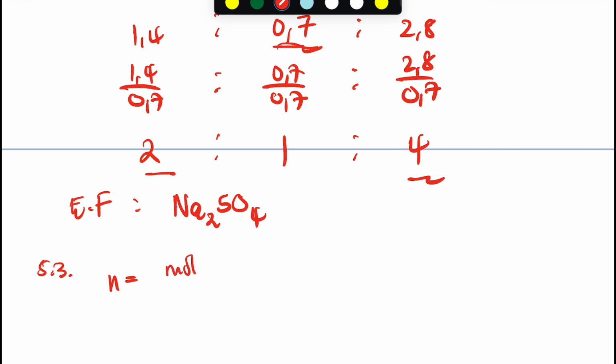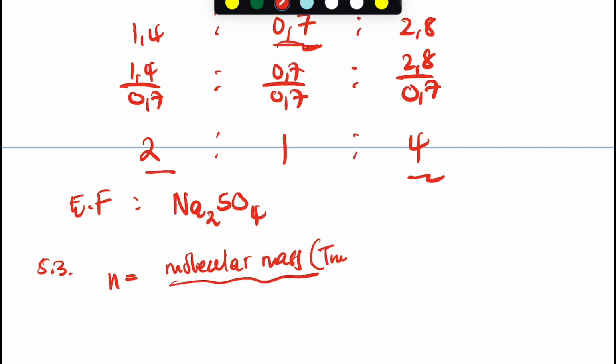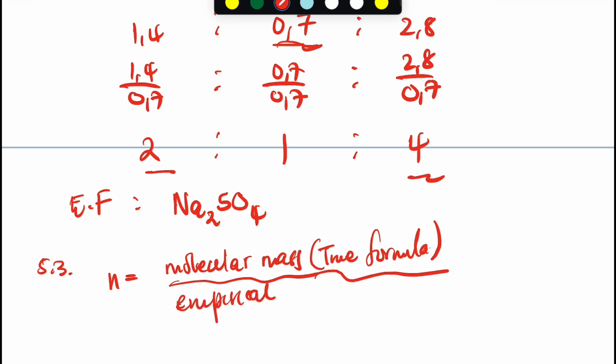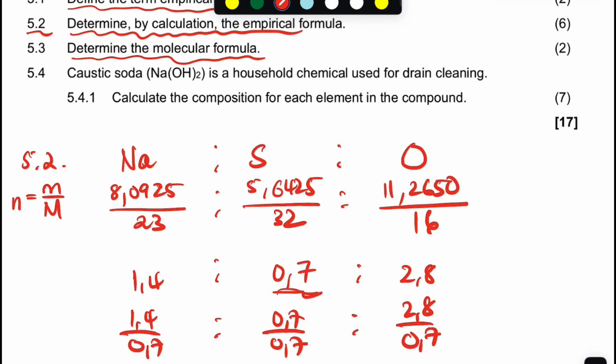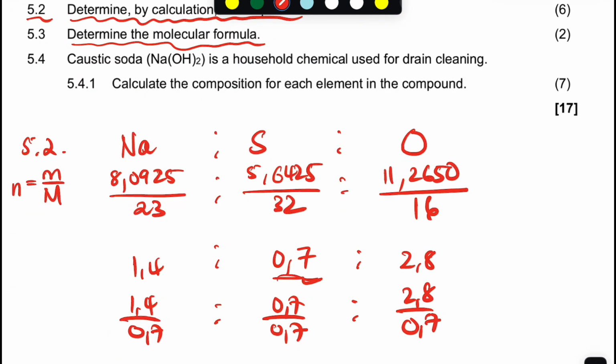You say molecular mass, which is the true formula, divided by the empirical formula mass. So you're going to take the molecular mass, which is the true formula, which is this one, it's 142.